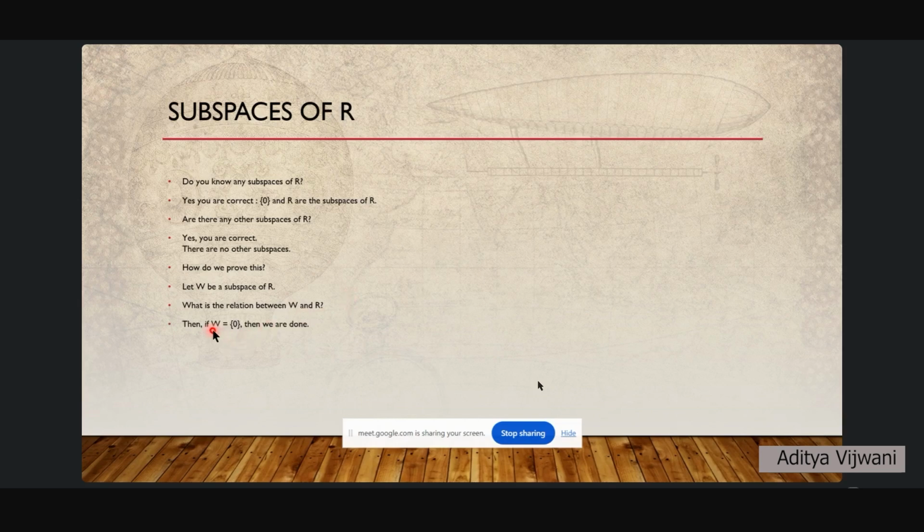Now if W is equal to the zero vector, then we are done, right? Why can I say that? Because I took W to be my subspace and it's just the zero vector, and it is also a subspace, the trivial subspace. So it is okay. But if W is not equal to the zero vector, then what can I say about it?